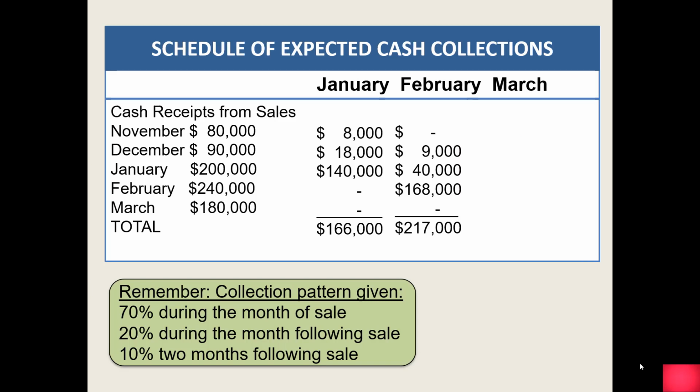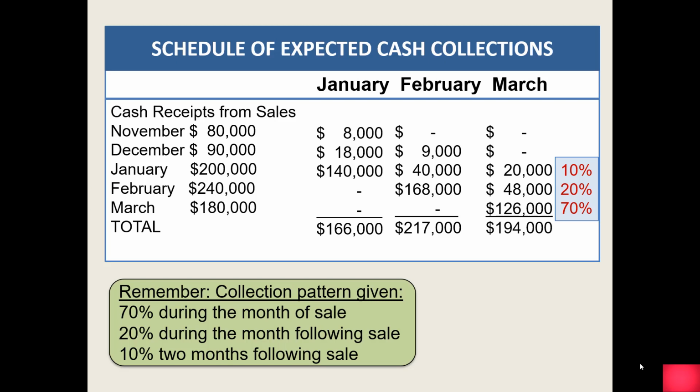In March, we will not be collecting from November or December's sales, and we'll collect 70% of March's sales during March, 20% of February's sales, and 10% of January's sales. 10% of $200,000 is $20,000. 20% of $240,000 is $48,000, and 70% of $180,000 is $126,000.